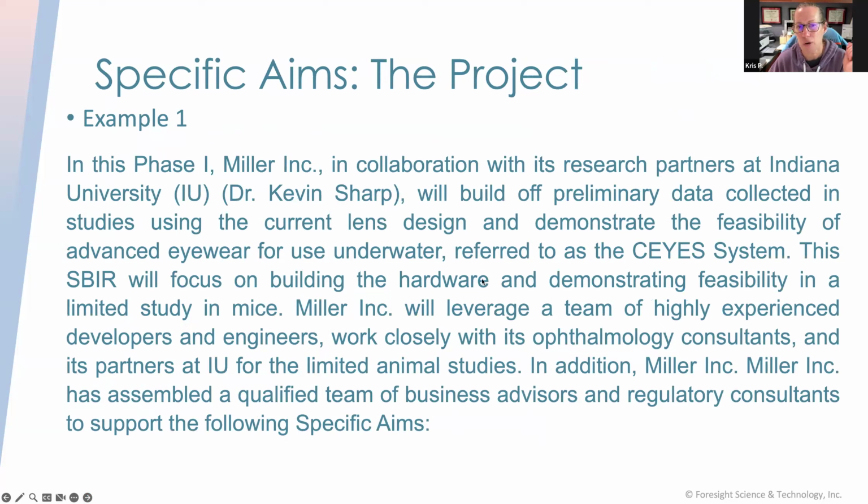Then we say what the SBIR will focus on, building the hardware and demonstrating feasibility in a limited study in mice. And then we talk about the team, highly experienced developers and engineers, working closely with consultants and partners at the university and conducting animal studies. And the company has assembled a qualified team of business advisors and regulatory consultants in support of the following specific aims. Then we list the aims.